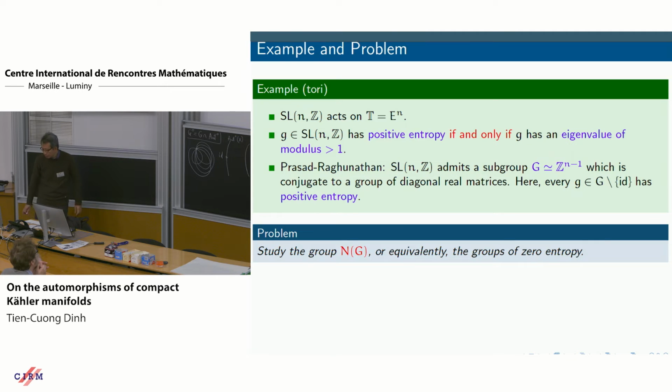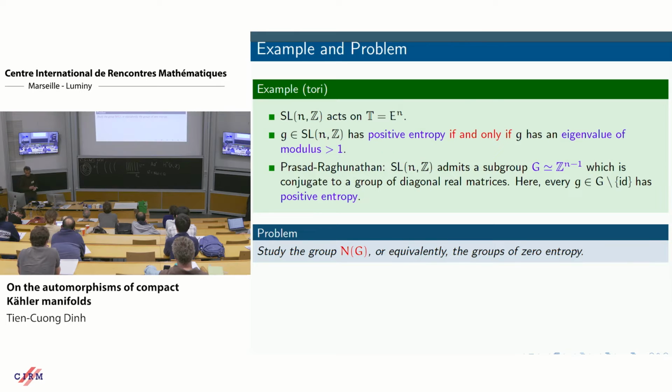So I come back to the first example. I consider the action of SL_n(Z) on the torus T, and you take a matrix g, and it's easy to check that this automorphism has positive entropy if and only if g has some eigenvalue of modulus larger than 1.